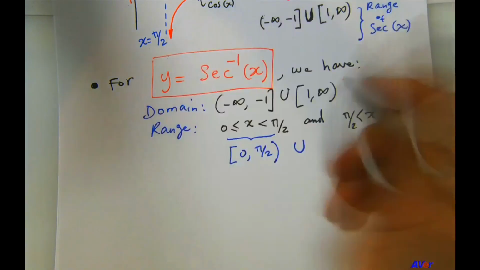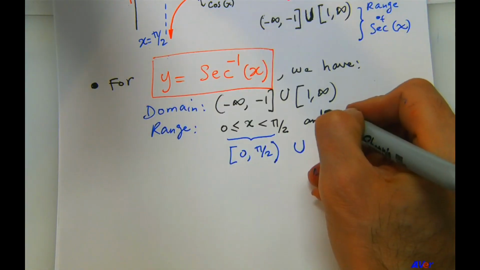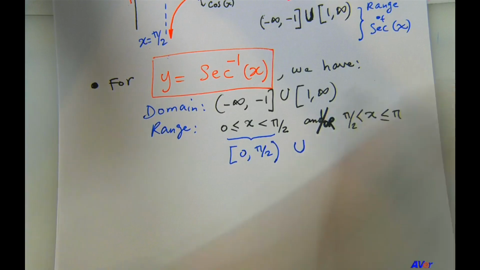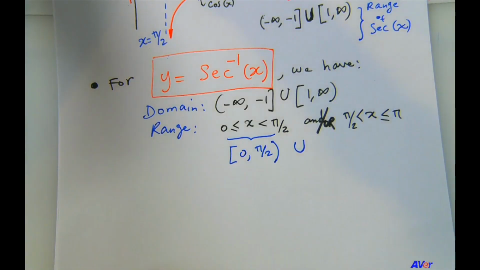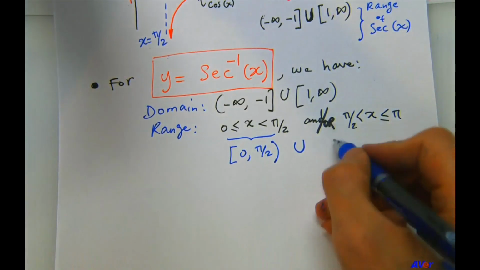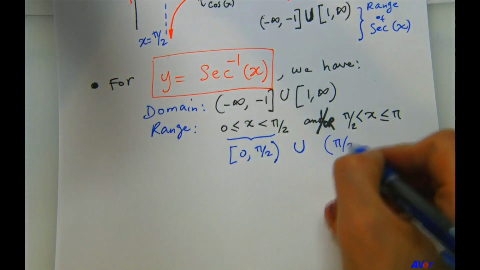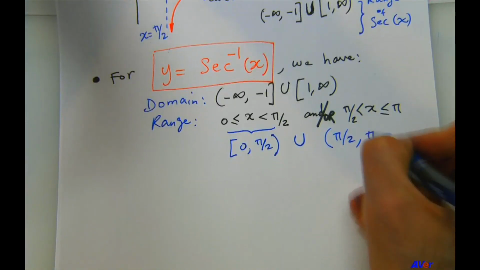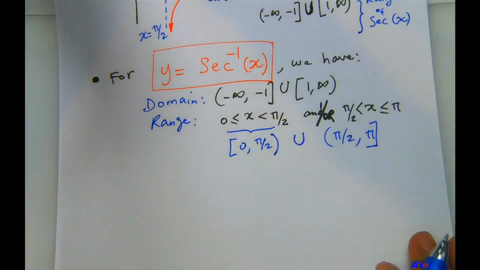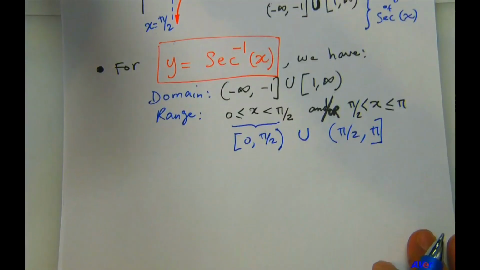Union is and or, so it's fine. So and or the next one, which is parenthesis pi over 2 comma pi bracket. Okay, so that's that. So now let's draw the graph for the inverse secant function.